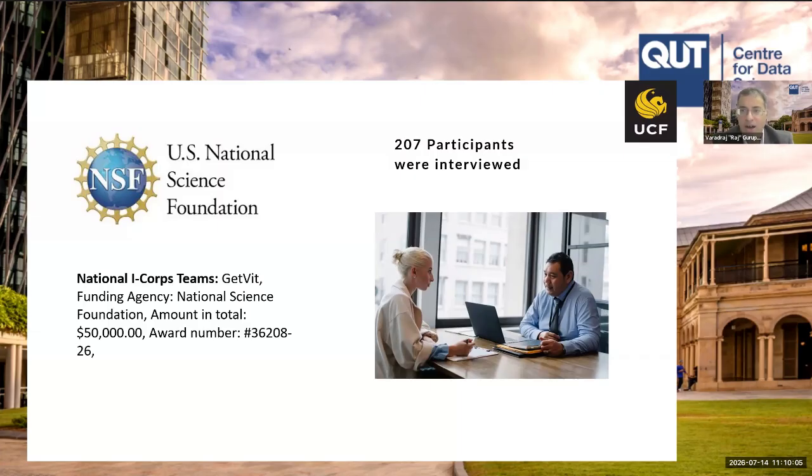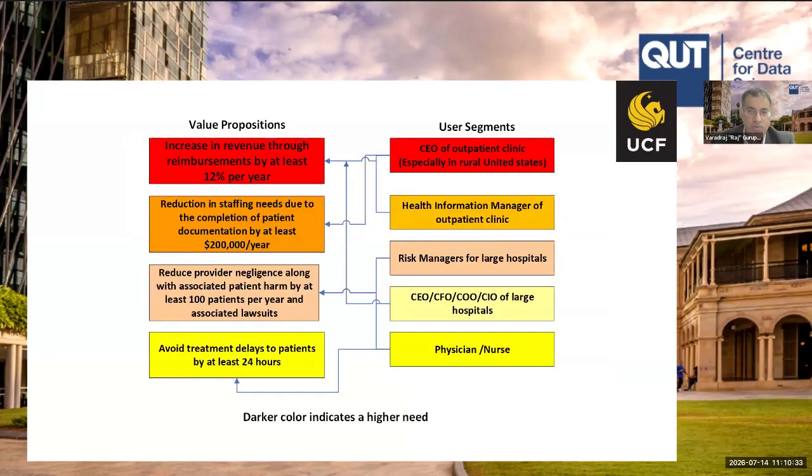We had a lot of amazing computational innovations that are being used by a common user these days, which wasn't the case back in 2019. So we decided to do one more deep dive into this problem. This time we interviewed 207 participants, and we got some really amazing results as well. So I want to acknowledge the NSF grant this time as well.